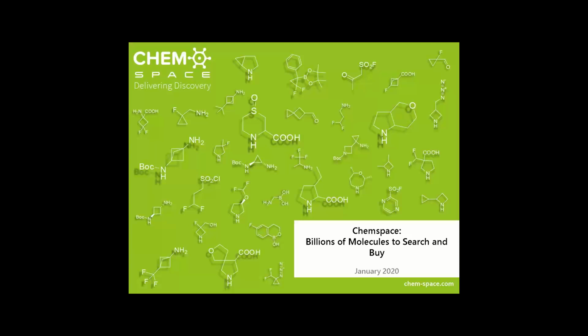So just to remind you what we are and what we're doing. ChemSpace is a platform for small molecules, and we host the largest catalog available to search and buy from.